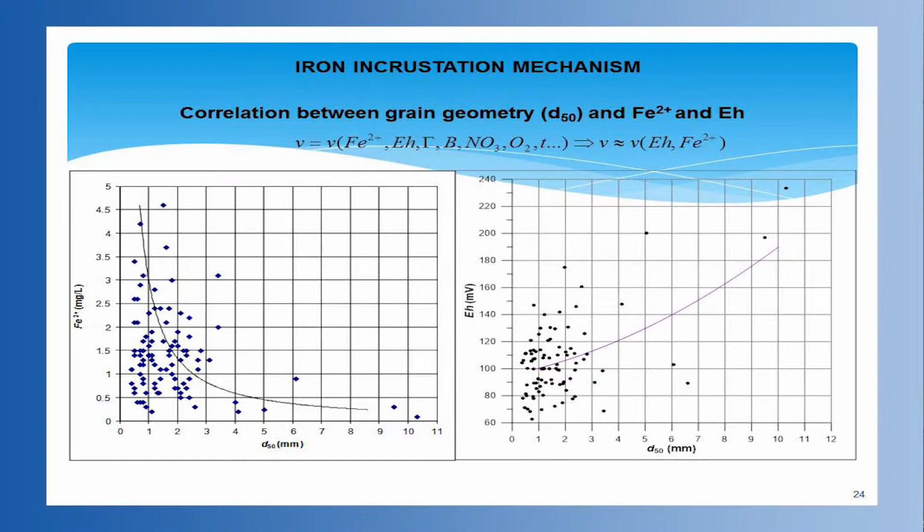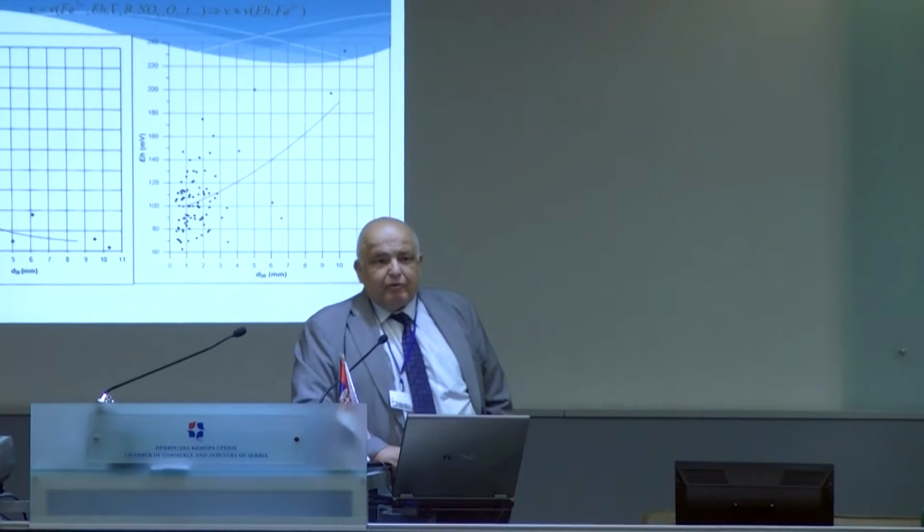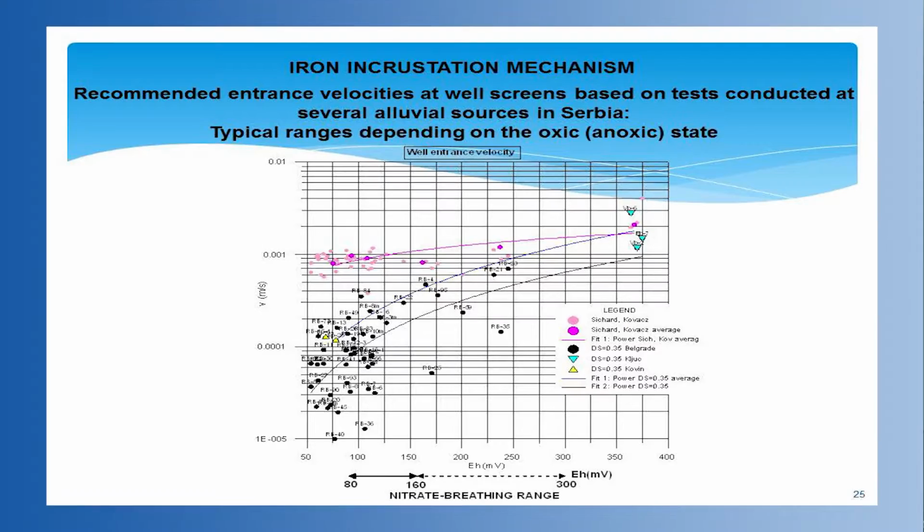Now something a little bit interesting: a relation between the 50% grain size diameter and the iron content in the water. There is a certain relation, not so strict, but it's interesting. It would be better if we calculated with the whole grain size curve, but for this circumstance we prepared this.